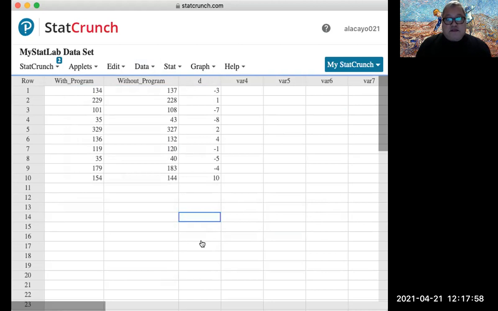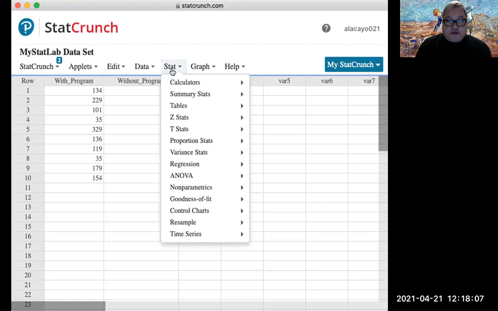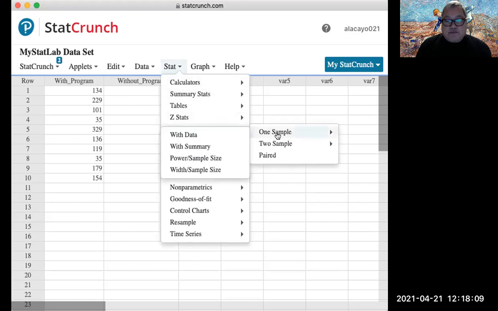Now, in order to calculate the statistics involved in either confidence interval estimation or hypothesis test for this particular situation, we're going to go to T Stats, One Sample, With Data.